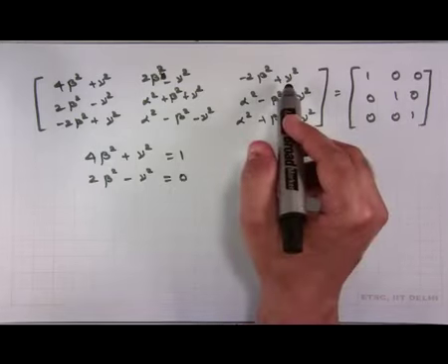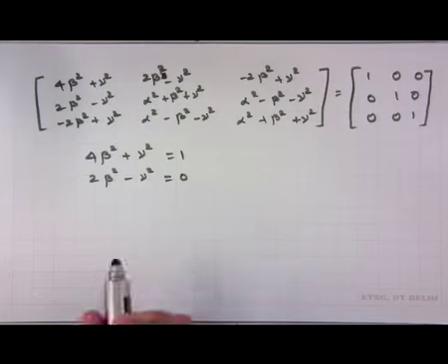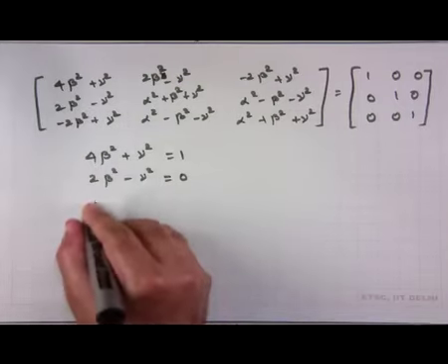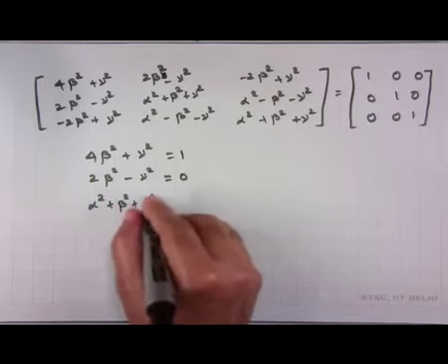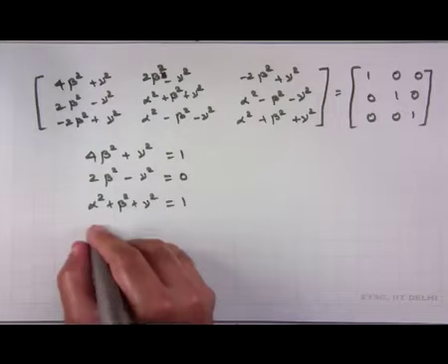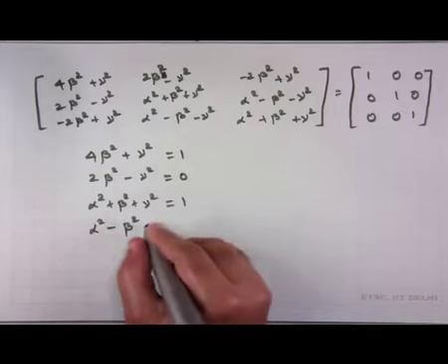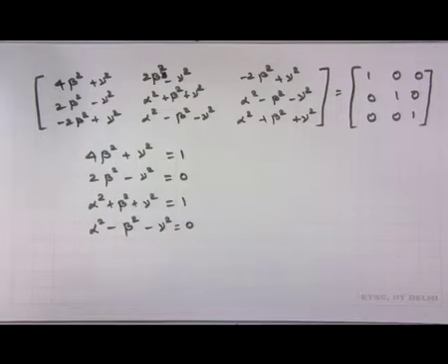Third one is the same as the second, the fourth one is again the same as this. Next, alpha square plus beta square plus gamma square should be 1, alpha square minus beta square minus gamma square should be 0. These are the 4 equations that I have.